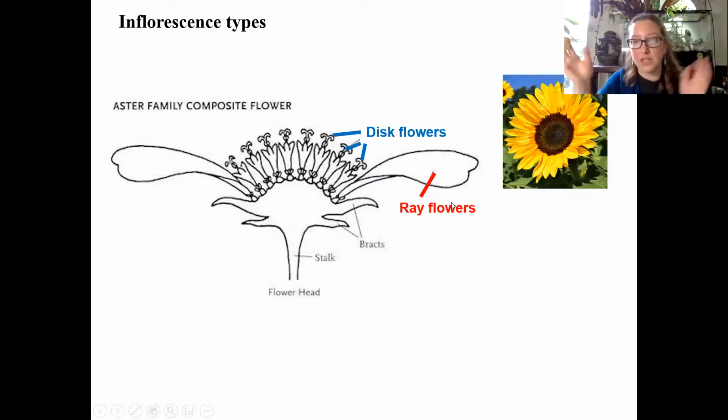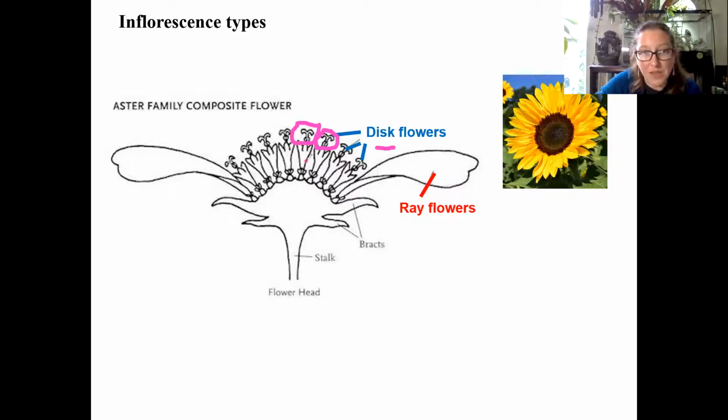Their job really is to signal pollinators. I can tell by this diagram that the disc flowers, you see this branched thing coming out the top, that's 100% a stigma of a pistil. So I know from that the disc flowers for sure have the female parts.